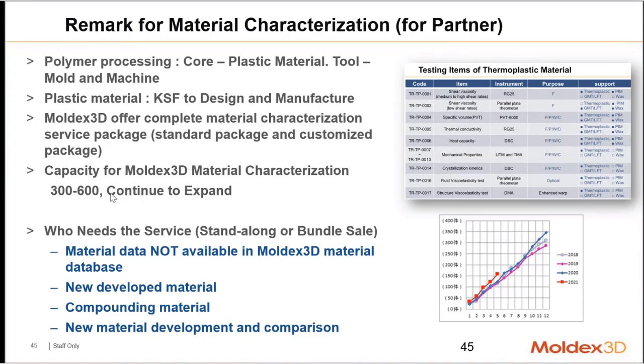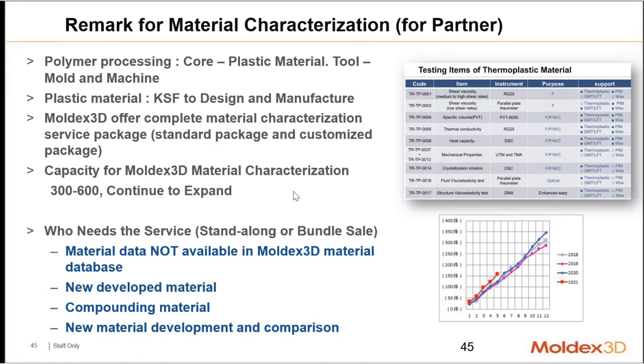So now we continue to expand our investment in major instruments and the capacity of material characterization. And of course, it is a good business, because right now in Moldex, the income from material characterization is around $1 million per year.